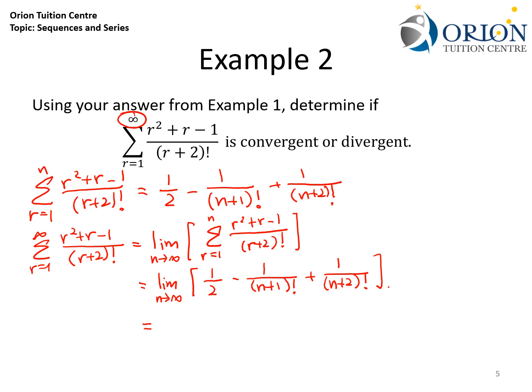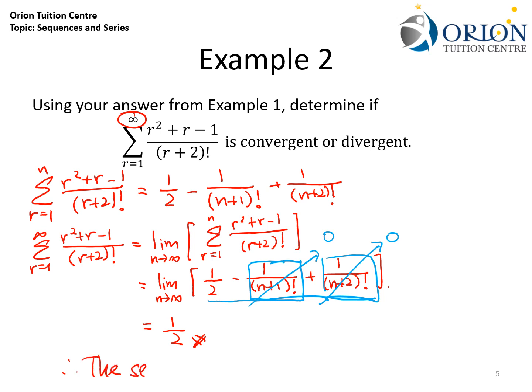Now when we substitute n as infinity into this, half remains. This second term goes to 0 because the denominator is now infinity. And this term as well, the denominator becomes infinity, therefore this term goes to 0. And thus, this sum to infinity becomes half, which is a finite value, and therefore we say that the series is convergent.